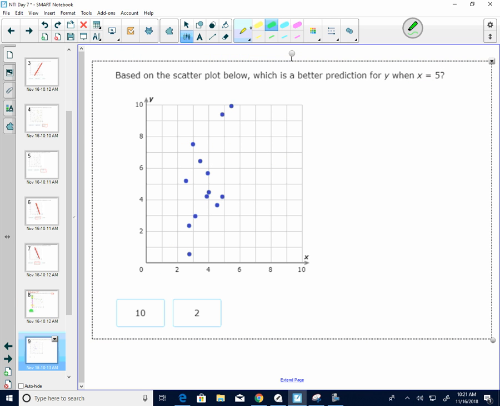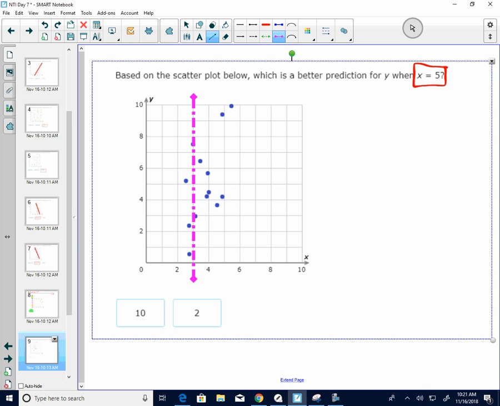So again, read the question first. It's not asking for a trend, it's asking for a value. So we need to read up here, which is a better prediction for y when x is 5.